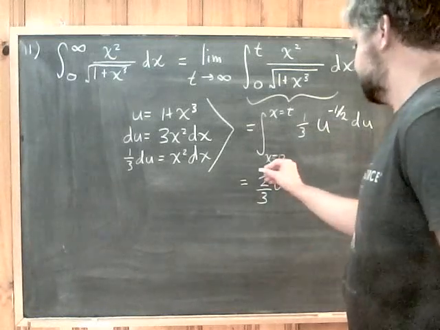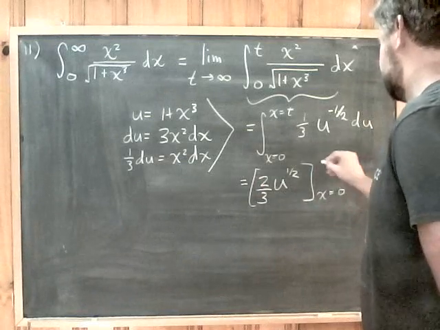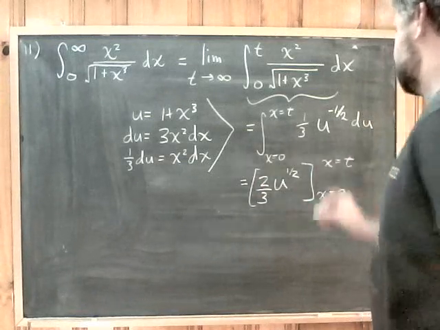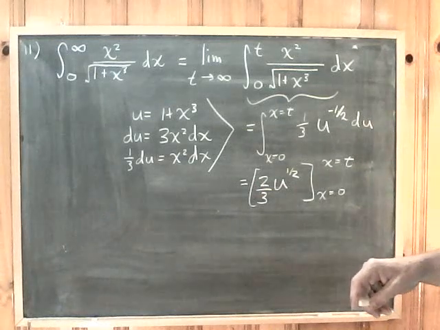And that's going to be evaluated from x equal to 0 to x equal to t. But I need to put back in what u is. It's 1 plus x cubed.